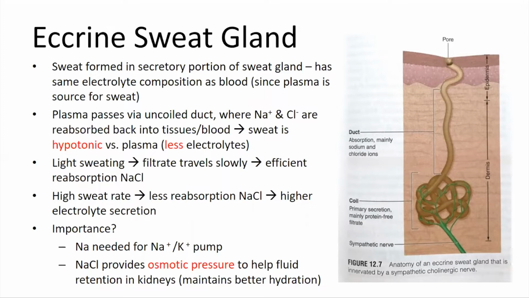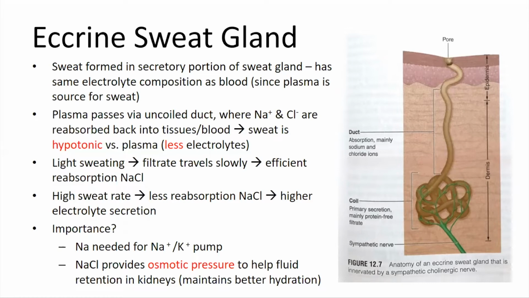But one of the benefits of heat acclimation or heat acclimatization is that we're able to sweat more dilute sweat. So as the sweat is sweated out through the duct, absorption of sodium and chloride is going to be able to happen through this duct portion.